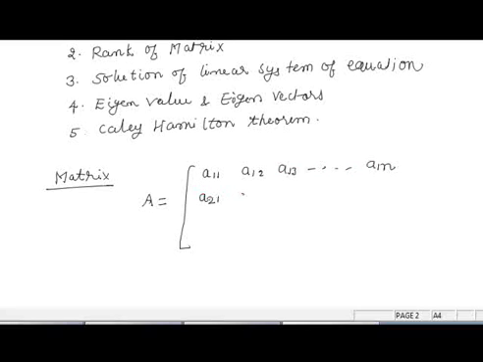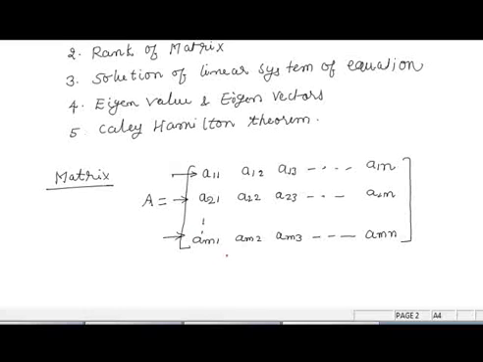Similarly, the second row can be written as A22, A23, A2n, and so on up to Am1, Am2, Am3, Amn. So here we can see this is called the first row, second row, similarly the mth row, and these are called the columns of the matrix.